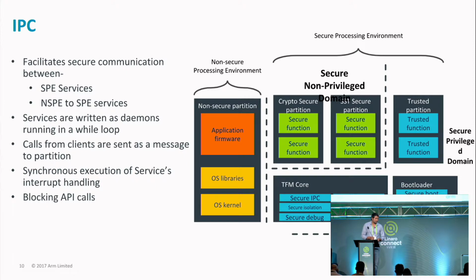This is slightly different. This is slightly more abstracted. So for example, if you have a PSA compliant system which implements IPC, you could have OpenAMP implementation, and on top of that, you'll have this PSA IPC. So the physical transport layer will be implemented by OpenAMP, and then you have another layer on top of it, which is the PSA IPC.